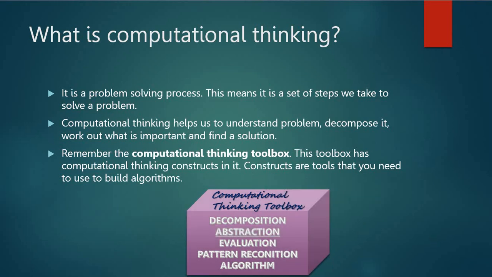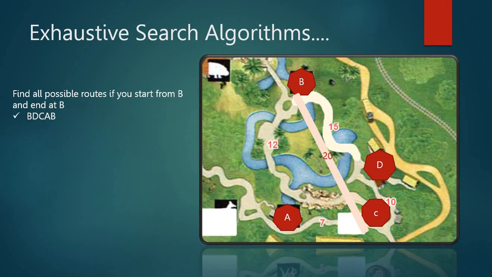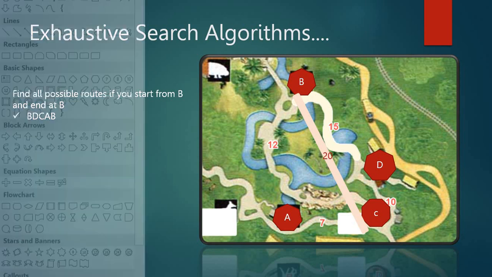This abstraction helps us remove all the unnecessary details in the map so that we can find out the possibilities much more easily.